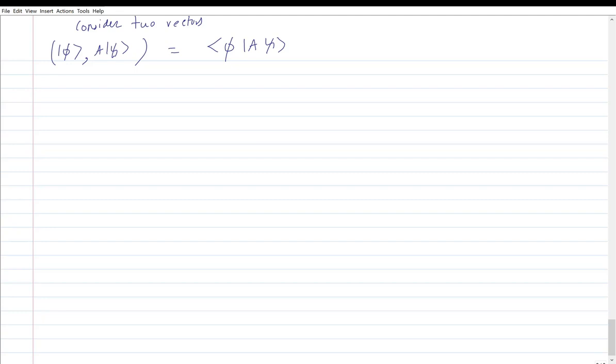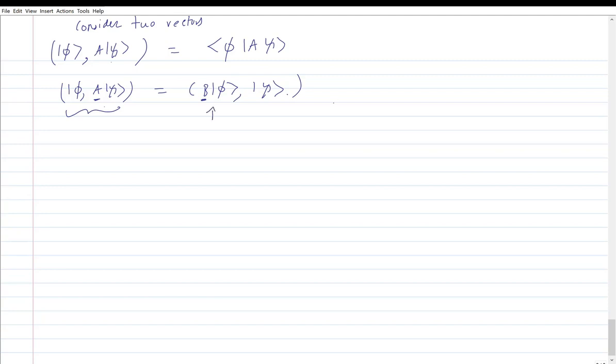I can ask the following question. Let an inner product where an operator is applied to the second element of this inner product be equal to some operator applied to the first element.